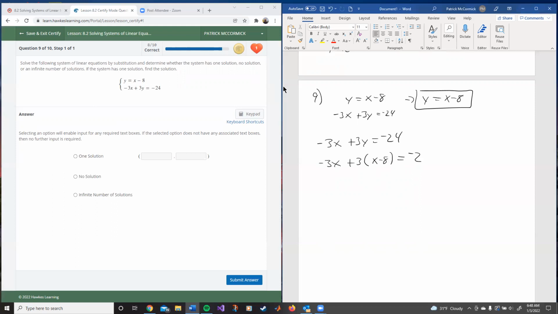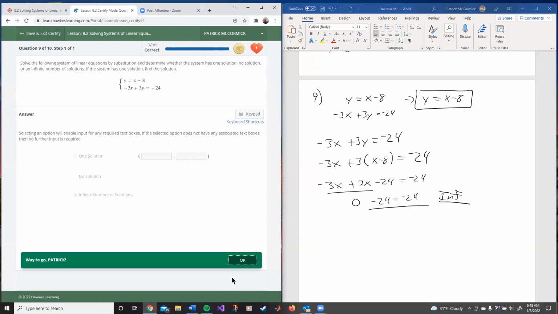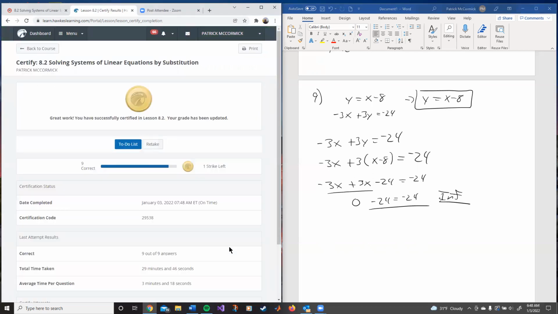That's my cat in the background. So minus 3x plus, distribute the 3, 3x minus 24 equals minus 24. Notice those go to 0. And look what we got. A true statement. So what's that mean? Infinitely many solutions. And we're done. There we go.